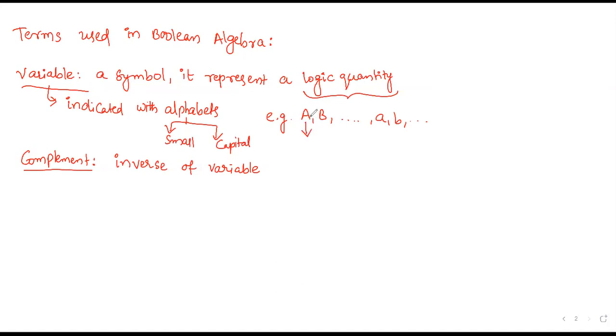For example, a value will take only 0 or 1. It will not take number 2, number 3, number 4, not like that.